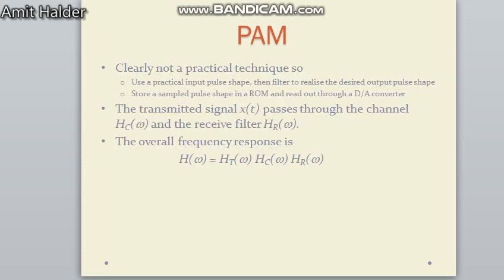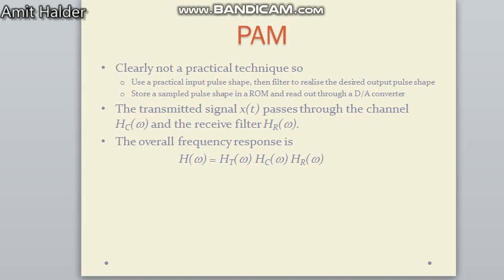So clearly this is not a practical technique. So use a practical input pulse shape, then filter to realize the desired output pulse shape. Store a sampled pulse shape in a ROM, read-only memory, and read it out through the DA converter, digital to analog converter. The transmit signal x(t) passes through the channel H_C(omega) and the receive filter H_R(omega).